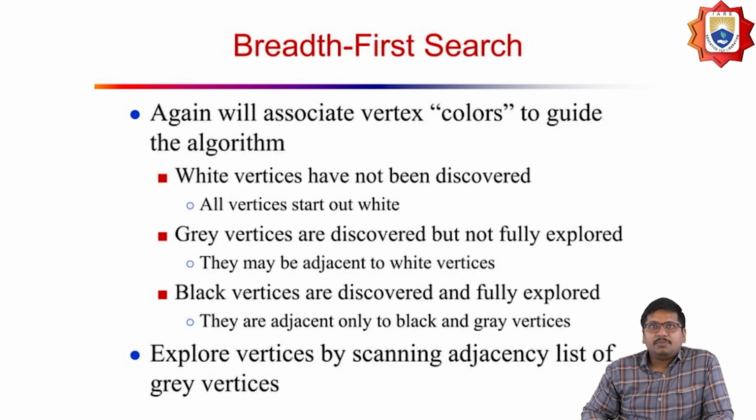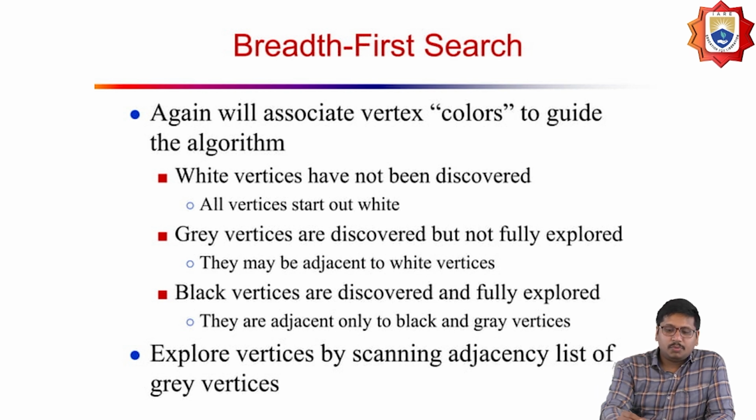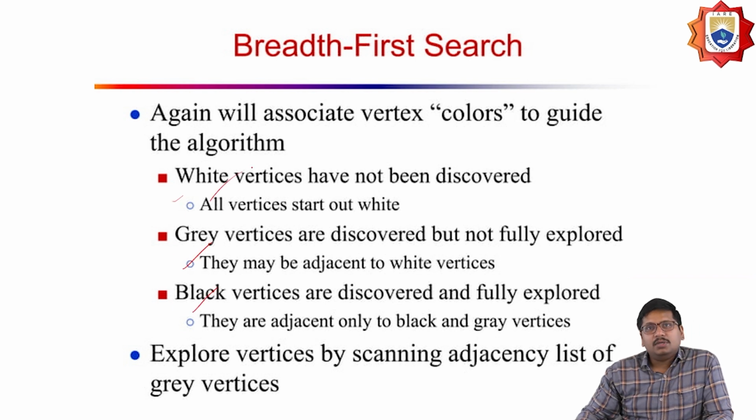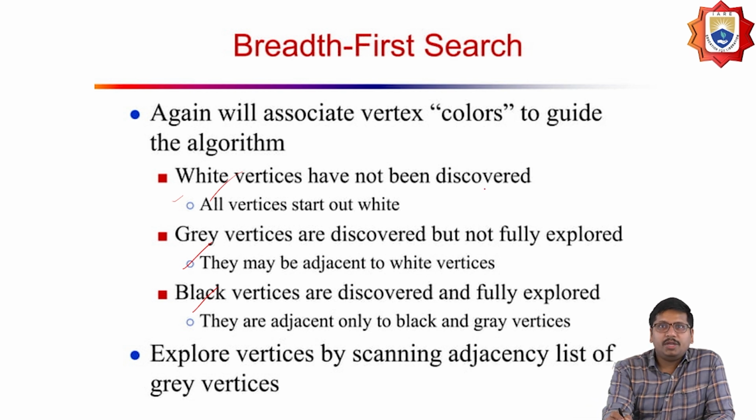Breadth first search means that here I'm going to solve it by making use of colors. For this, I have to color the vertices. So how is the algorithm going to work? I'm going to consider white vertices, gray vertices, and black vertices. White vertices are those that have not been discovered.